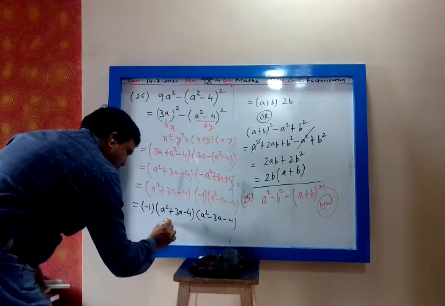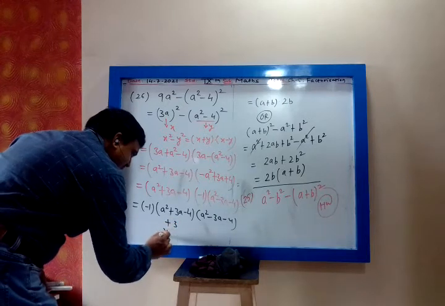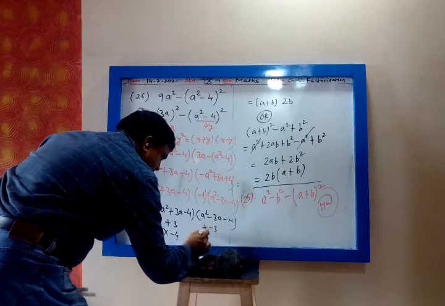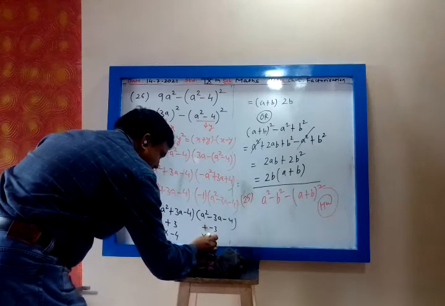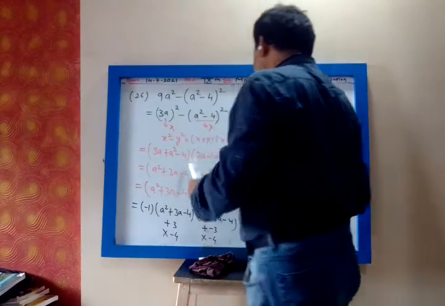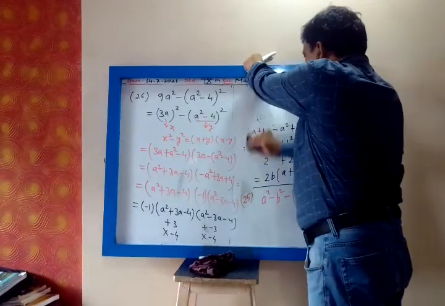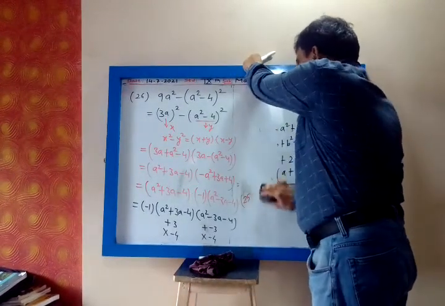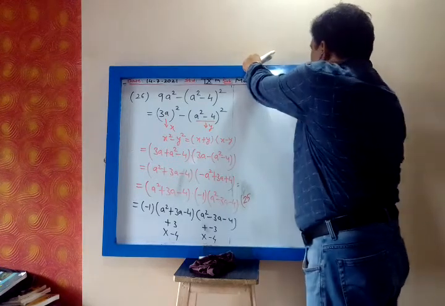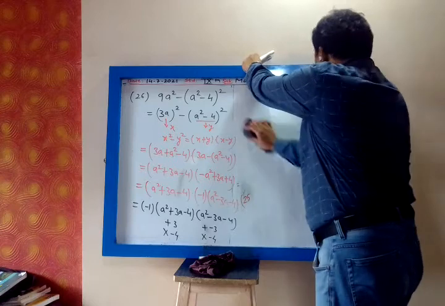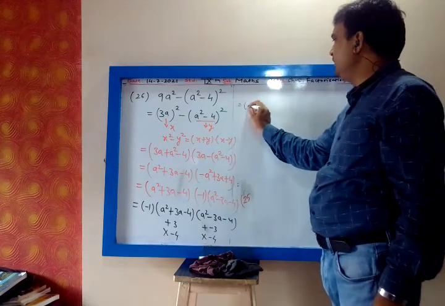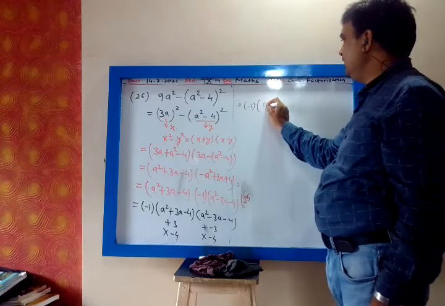Now find two numbers whose sum is 3, multiplication is minus 4. Find two numbers whose sum is minus 3, multiplication is minus 4. So 4 and minus 1. So this I will write minus 1 into a square.